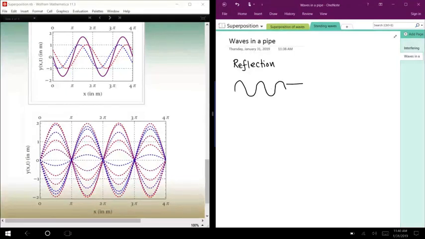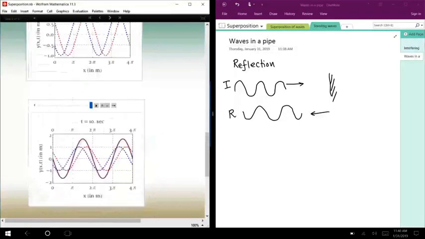So this is my original wave, and then it encounters a wall or some sort of barrier somewhere, and it gets reflected. So the reflected wave will now look something like this. Now this one is my incident wave, and this is my reflected wave. Generally, the incident and reflected waves may not have the same phase, or in other words, at the point of reflection, there might be a phase difference.